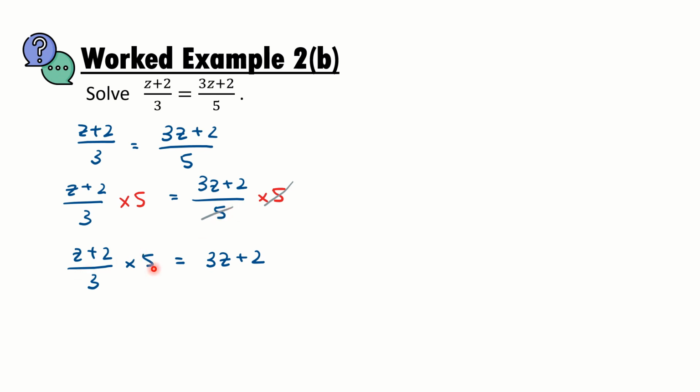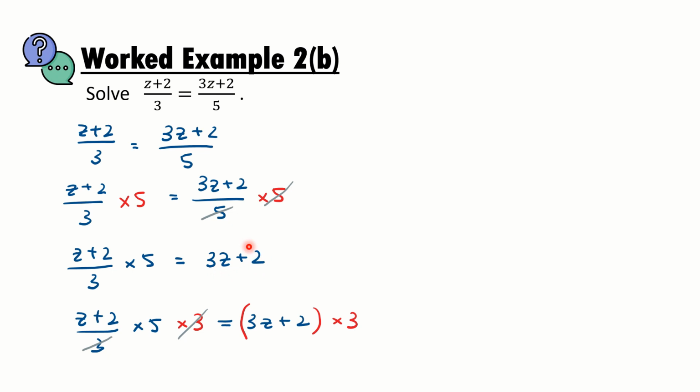But before we even try to shift the 3z onto the left side, let us first also try to remove this divide by 3 on the left side. So by the same method, I'm going to multiply by 3 on the left side and multiply by 3 on the right side.